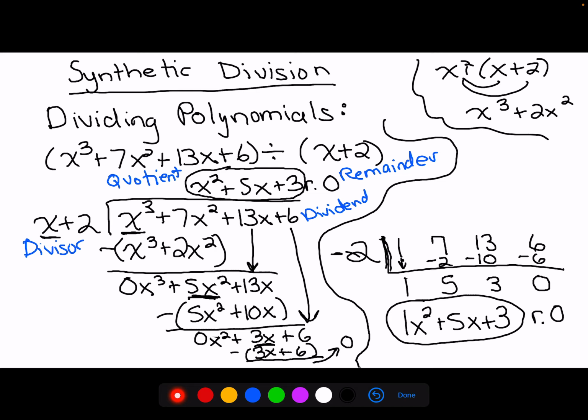We started out with a degree that was 1 less. So instead of x cubed, we start out with x squared. So we know that's going to happen each time in these synthetic division problems. And then notice that, as we were working it out, we were doing a lot of subtracting. Well, yeah, that's how it works when you're doing division problems.